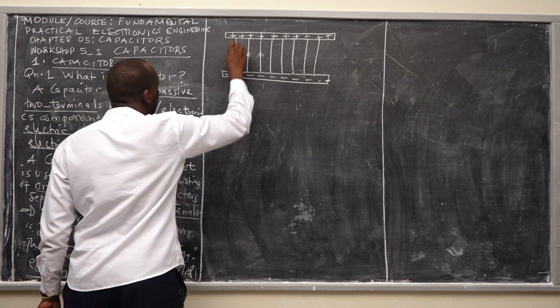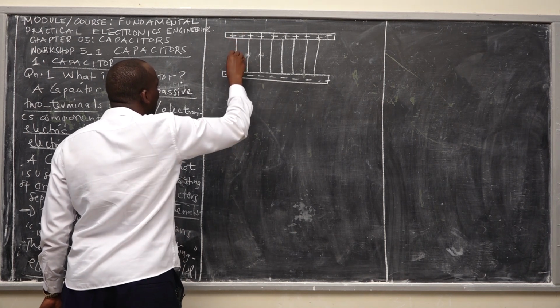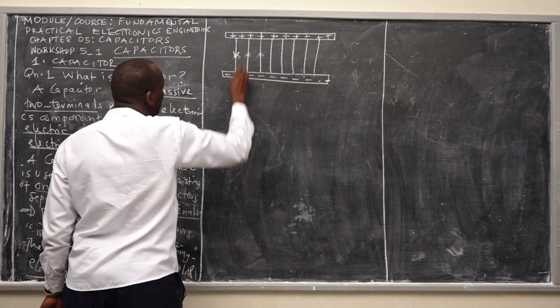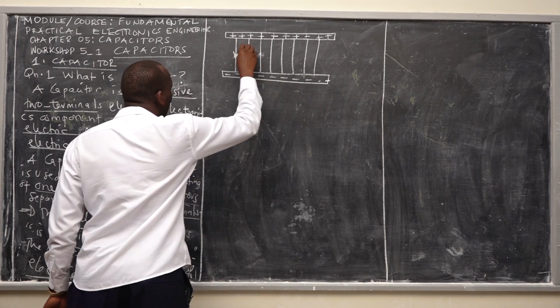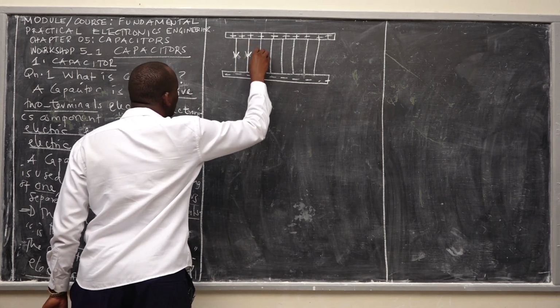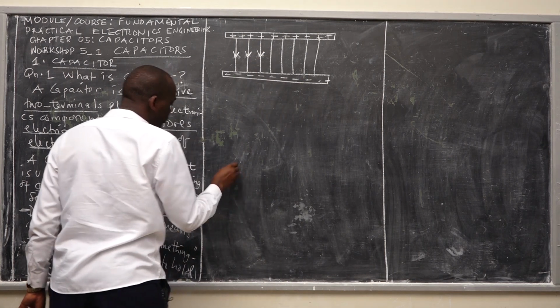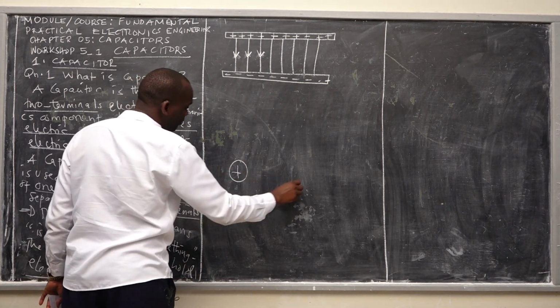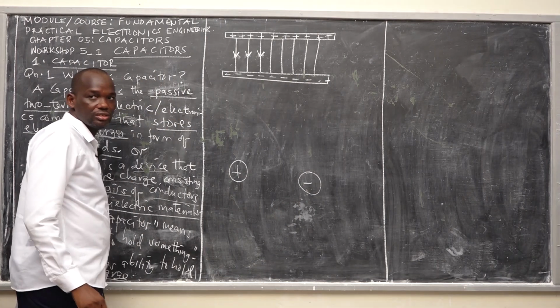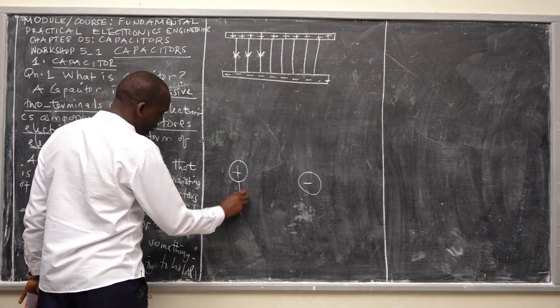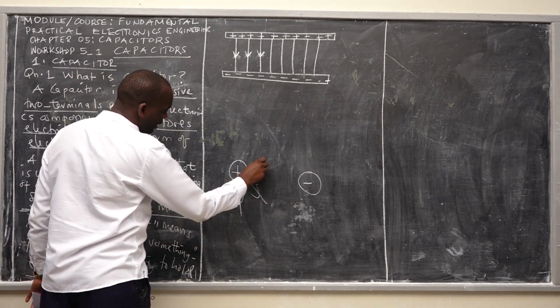Electric field lines always start from the positive plate towards the negative plate, right? If you just want to remember, we had a positive charge and a negative charge. The positive charge produces an electric field.